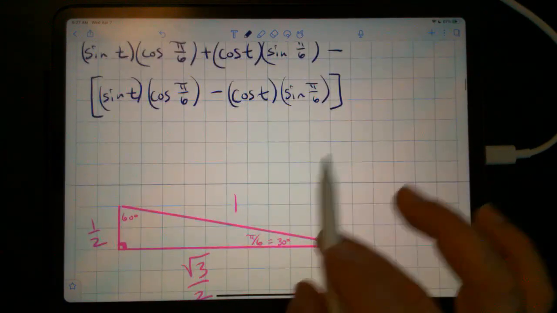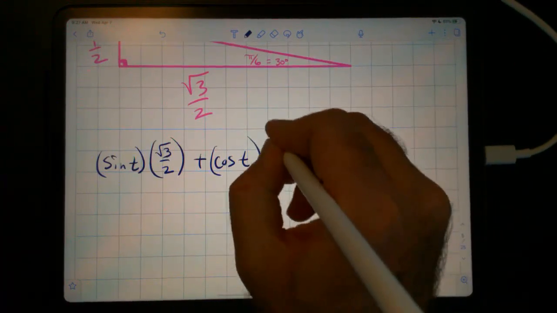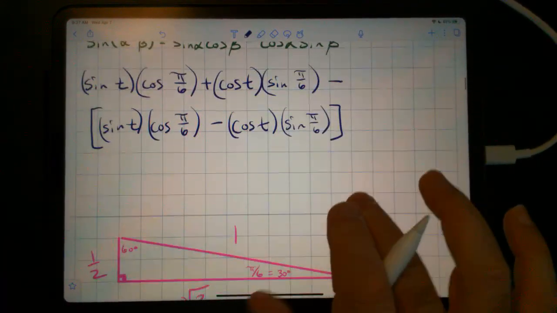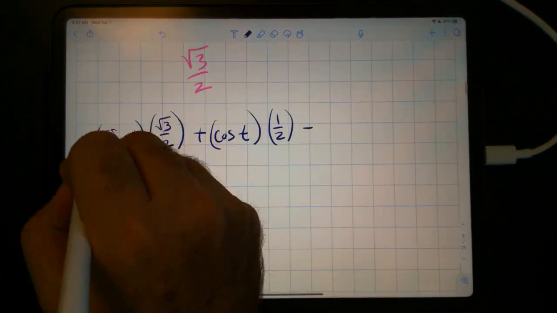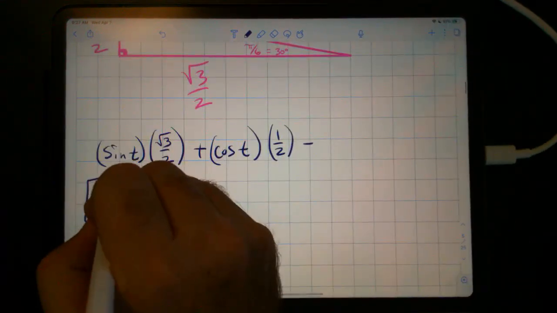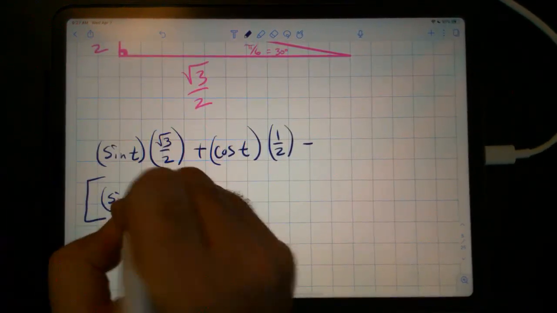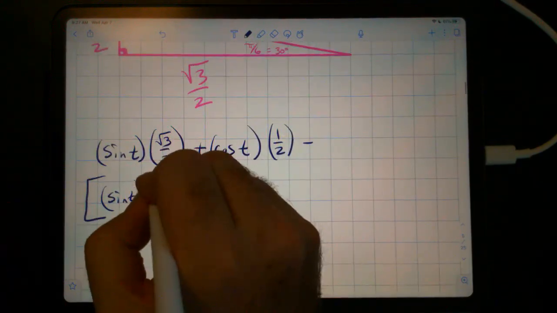Well, sine of pi over 6 is 1/2. And then we're subtracting all of this. Sine of t, we'll leave that alone. Cosine pi over 6, radical 3 over 2.